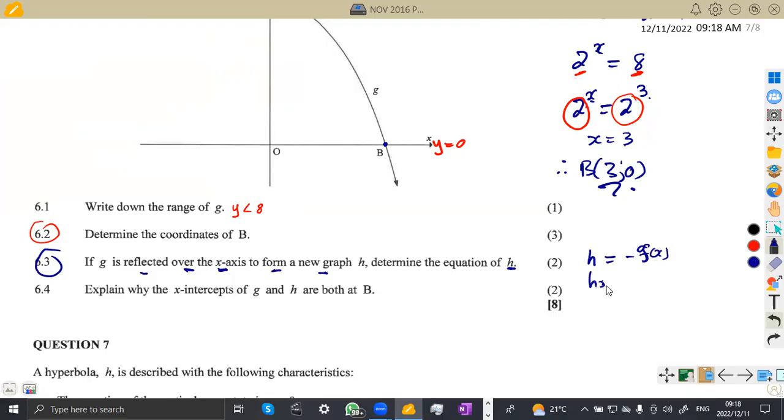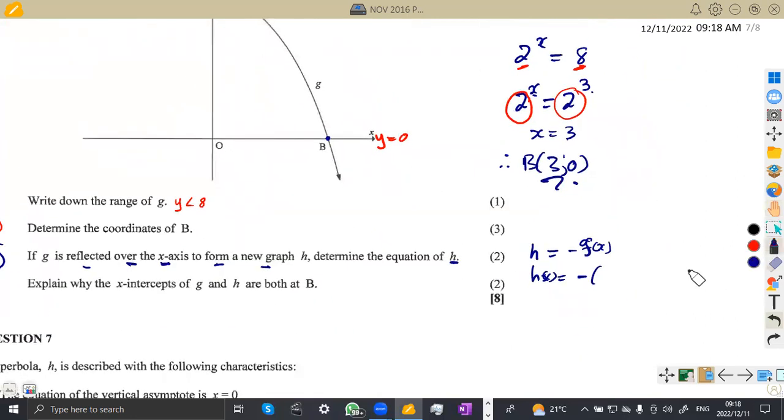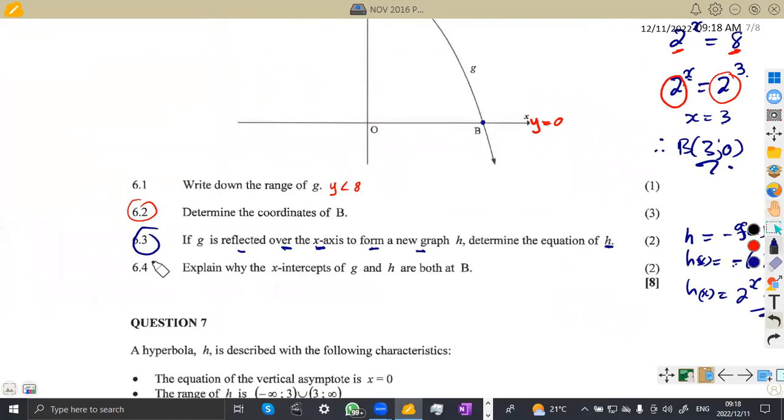So h(x) is going to be negative times g(x). Remember, our g(x) was -2^x + 8. So this is going to be -(-2^x + 8). Negative times negative is positive, and negative times positive 8 is negative 8. So that's your h(x) = 2^x - 8. That was the question.